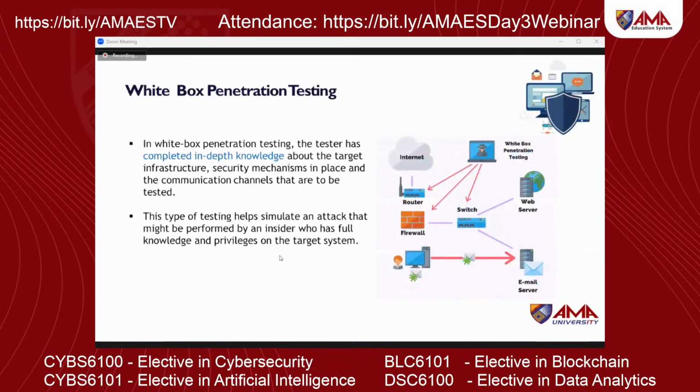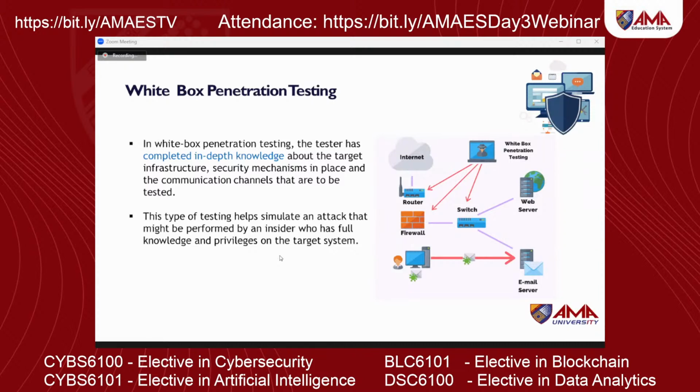And then, after that, meron tayong tatlong categories dito sa penetration testing: the white, the black, and the gray box penetration testing. So dito sa white box penetration testing, the tester has complete in-depth knowledge. Ibig sabihin, yung tester or mga cybersecurity professionals who will do penetration testing, meron silang alam.